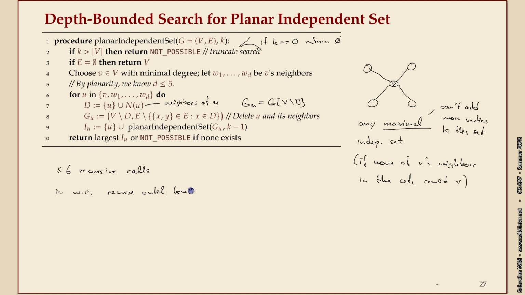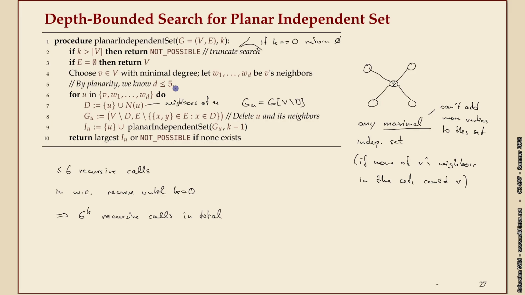That gives us a search space of 6 to the k. Again, this is just the worst case. Most graphs won't have the maximal degree equal to 6 all the time. It's hardly possible in planar graphs, but as a simple bound, that's the best we can say.